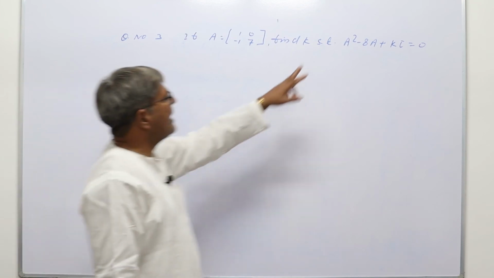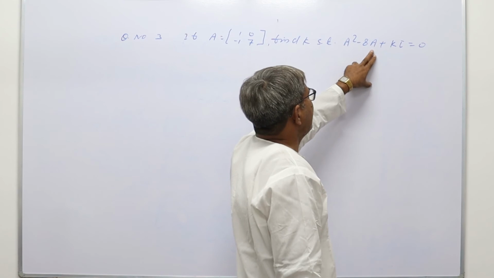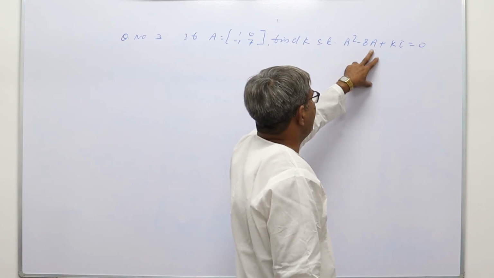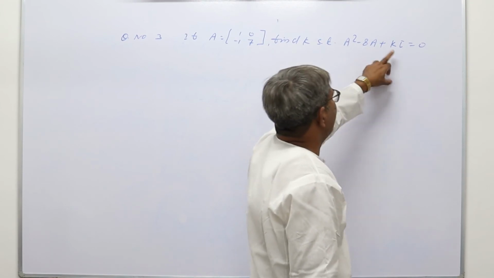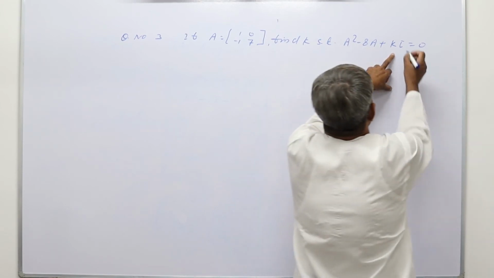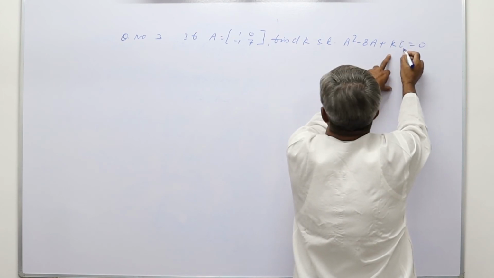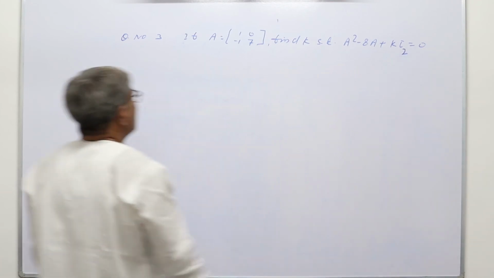First we will find A square, then in step second we will find minus 8A, that is minus 8 multiplied with the given matrix, that is scalar multiplication, then KI. Here K is any scalar and I is the identity matrix of order 2, equals to 0, that is the 0 matrix.